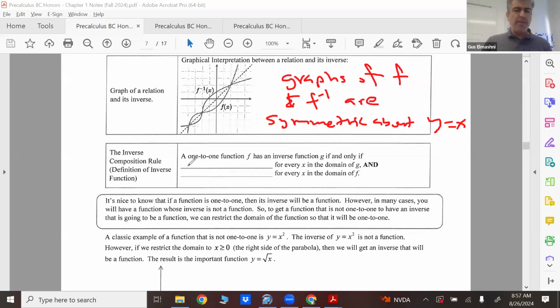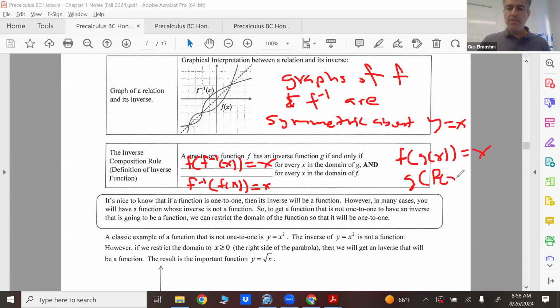I think I know what this means right here. That probably was what was meant on the earlier page. That is a true statement I'm writing right now. If you plug the inverse into the original, or plug the original into the inverse, the output is always x. You guys may have learned that before also. When f of g of x equals x, and g of f of x equals x, f and g are inverses of each other.